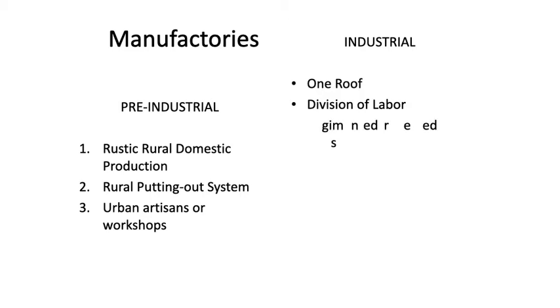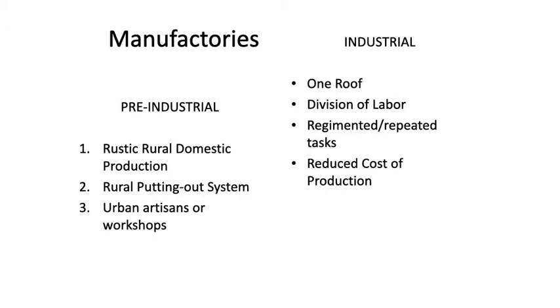But theoretically and in reality, a process occurred from 1750 to 1850 at various speeds and in various ways, in which production was brought more under one roof, where laborers who no longer own their own piece of the production are going to a manufactory of some sort and selling their labor for wages.